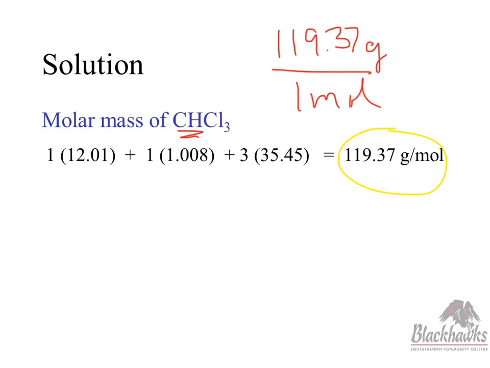That's what that means. I should never in a problem see g/mol. I should never in a problem see g/mL. Okay. So, all right. So we'll work this problem. I need to see that in the margins.